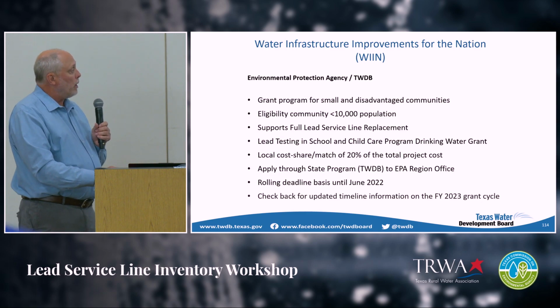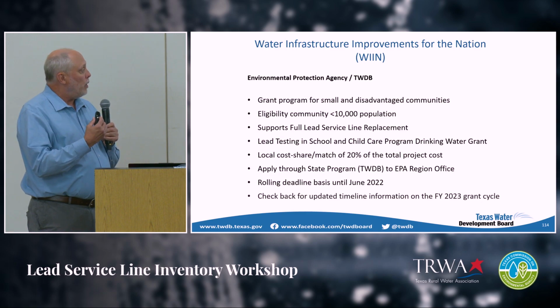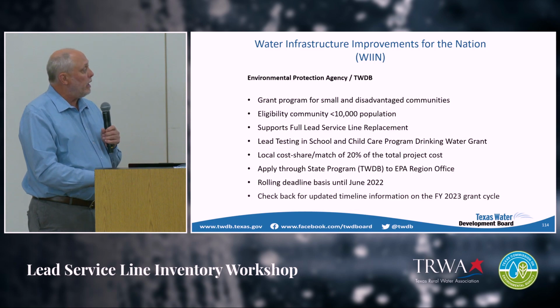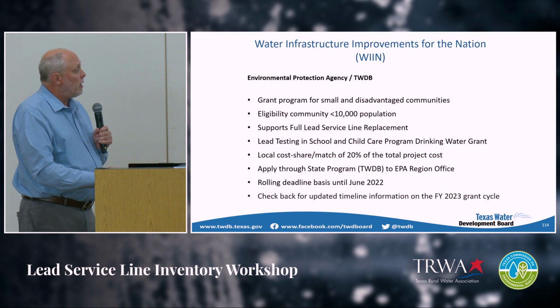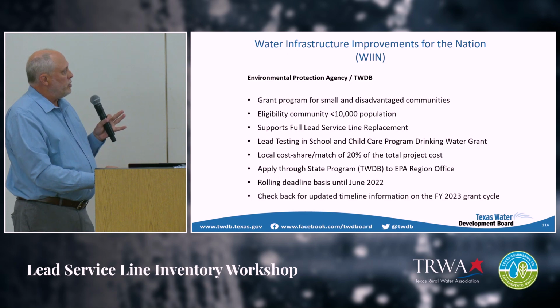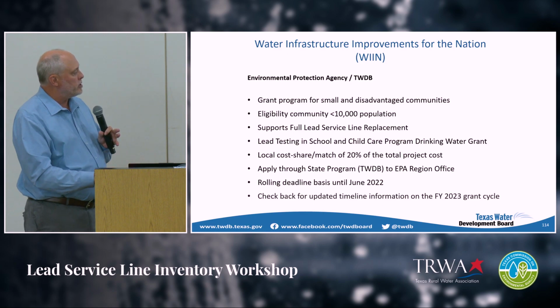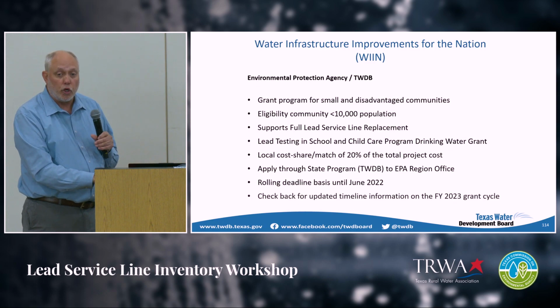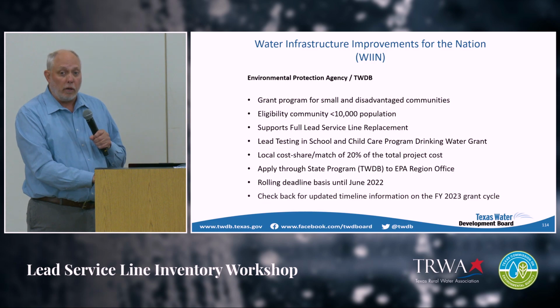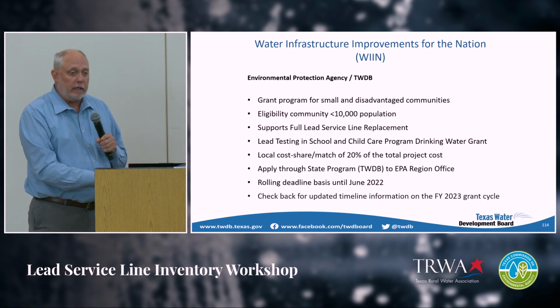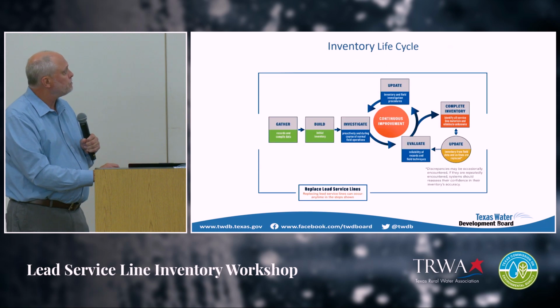And again, you apply through both TWDB and the Region 6 office. This says rolling deadlines based on June 22, but my understanding is there's a July announcement coming out that will show deadlines for the upcoming year or the remainder of 2023.